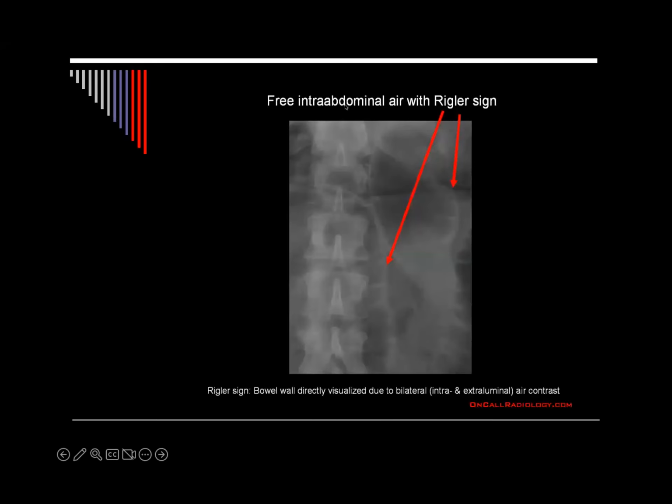So this is free intra-abdominal air with the Rigler sign, which is the enhanced borders of the wall, with air and bilateral contrast, so intra and extraluminal air contrast.